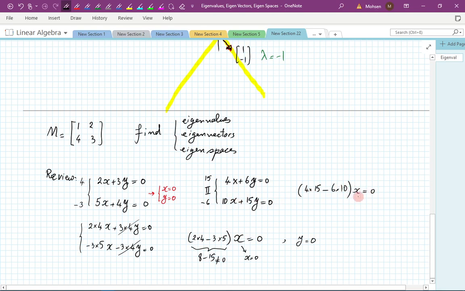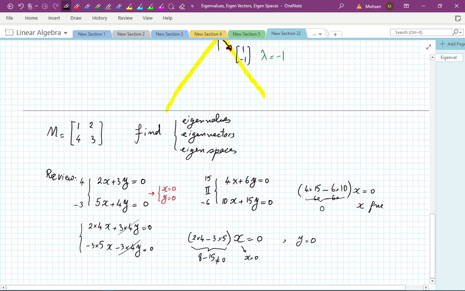Does it mean that x has to be 0? Well, no, because luckily this is 60 minus 60, which is 0. So these numbers are special now. We have arranged it so that these numbers are in such a special proportion that this becomes 0. That means x is free. x can be any number you want. So you can choose x as you like and then decide what y is going to be. No, y is not going to be arbitrary once you decide on what x is.